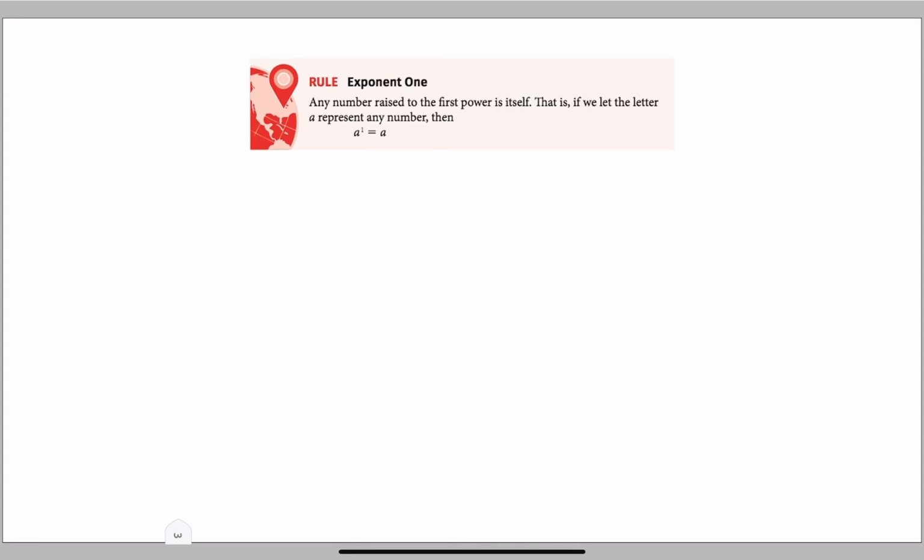Okay, now sometimes exponents are 1. Let's pick something that we know, like 5. How about 5 to the 1, 5 to the 2, and 5 to the 3. Let's go backwards, actually, since we just did 5 cubed.